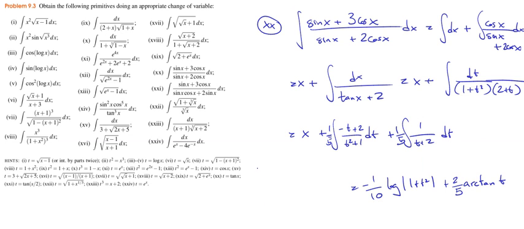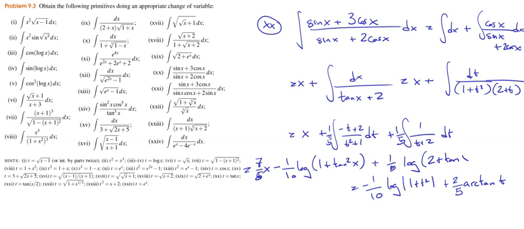You have x minus 1 over 10 times the logarithm of 1 plus, and t is the tangent, so the tangent squared of x, plus 2 over 5 the arctangent of t, which is the tangent of x, but this is the same as x, right? So 2 over 5 times x plus 5 over 5 is 7 over 5, okay? 7 over 5 times x, and then the last one is 1 over 5 the logarithm of t plus 2, so 2 plus the tangent of x, plus c.